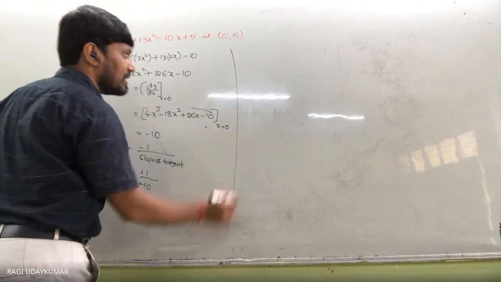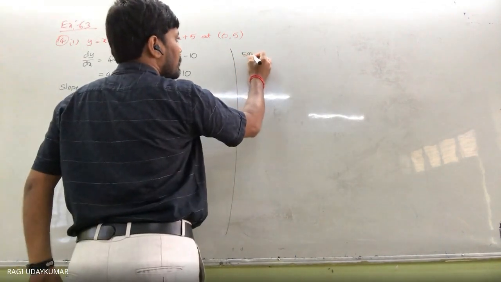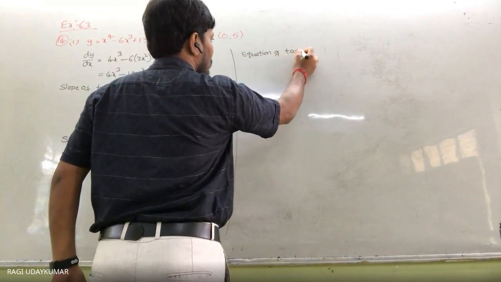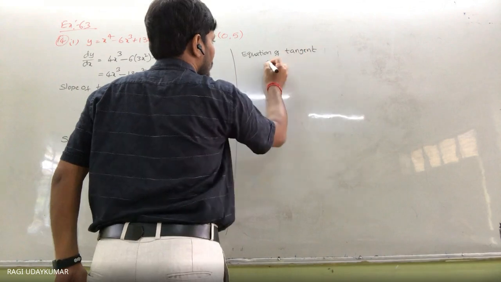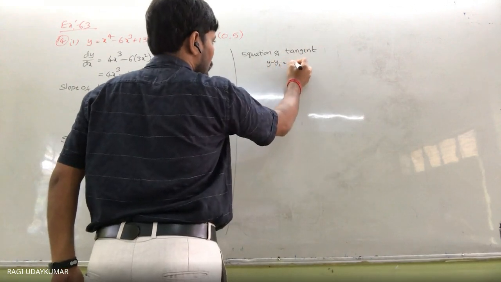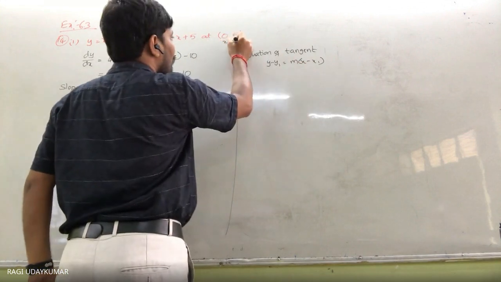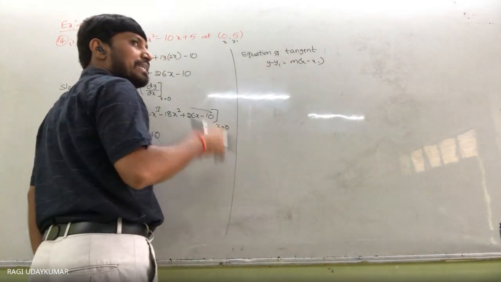So, the equation of the tangent. How do you get the equation of the tangent? y minus y1 is equal to m into x minus x1, where this is x1, y1, the particular point.